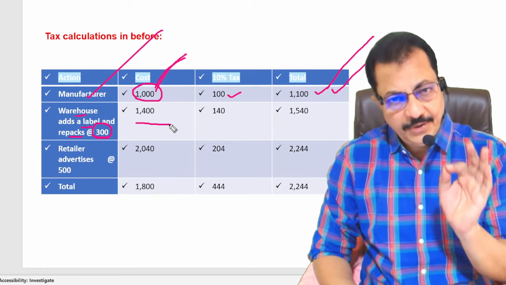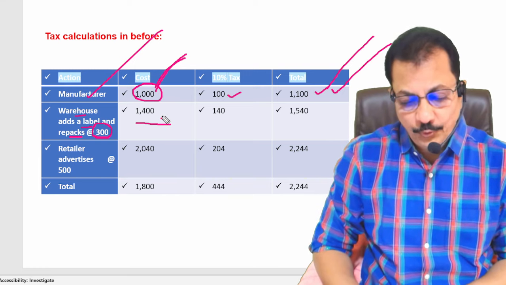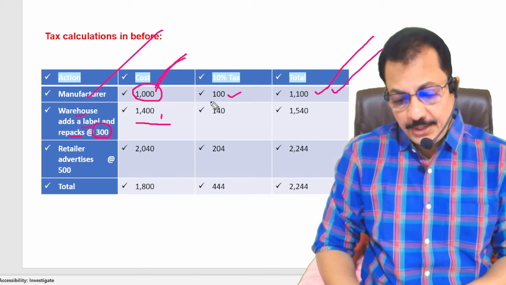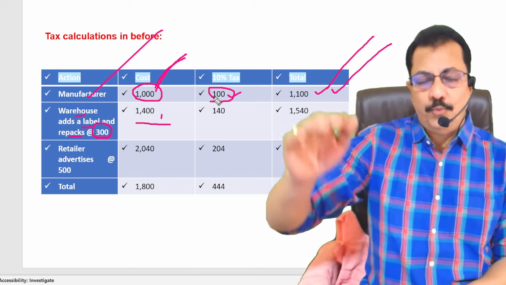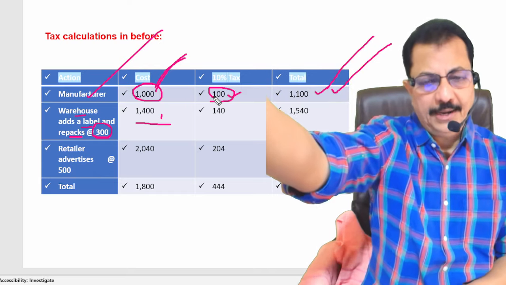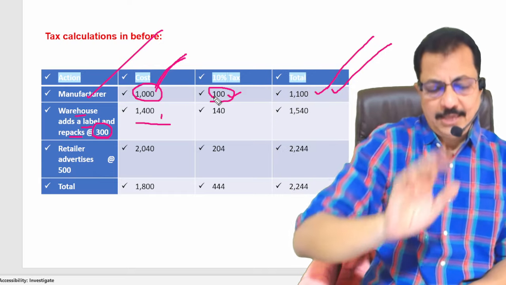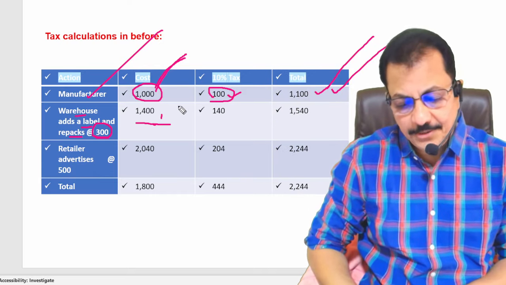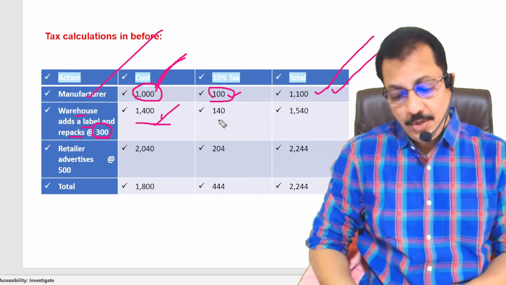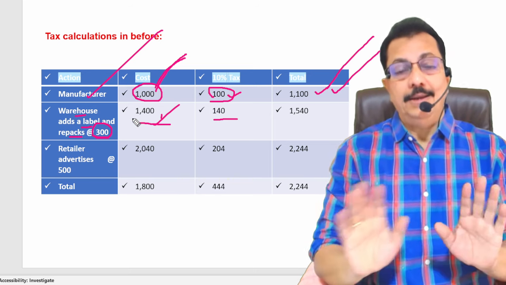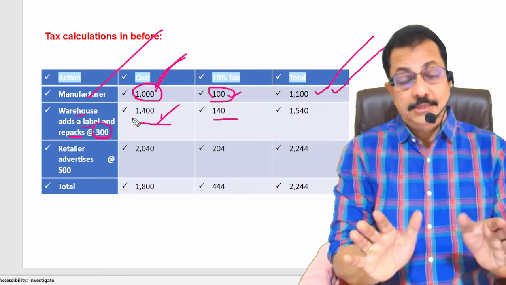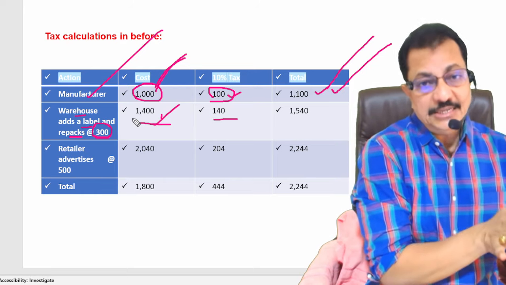So this 1100 plus 300 became 1400. And 1400 also includes this 100 rupees as a tax. So whatever tax you have already paid, the tax amount has again been added here. Now you are charging 10 more percent on 1400, not on 1300. This is the pre-GST regime.